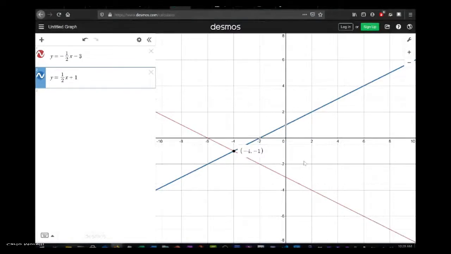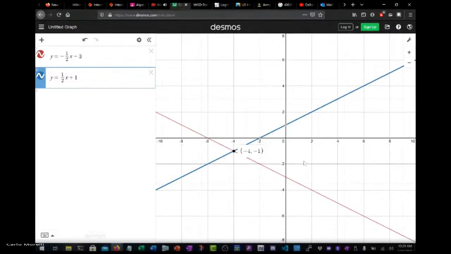So what is the solution to the system of linear equations? What we want to say is where the two lines cross. Okay, Leilani? Where the two lines cross. So up on the top of your paper, above where it says Morelli Math, let's write this.